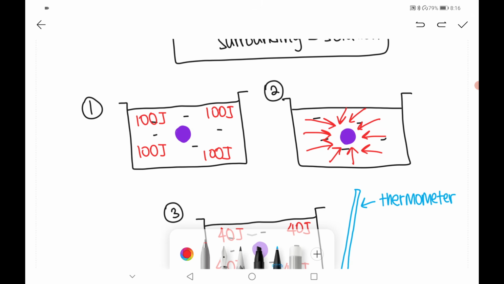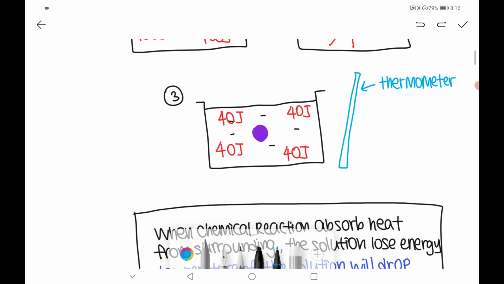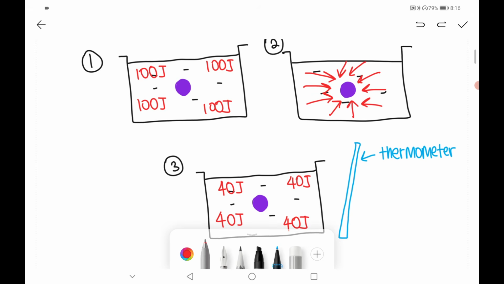As you can see in this picture, all the heat from the surrounding will go into the chemical substance. So when the heat goes into the chemical substance, the surrounding energy should become lesser. Correct, right?